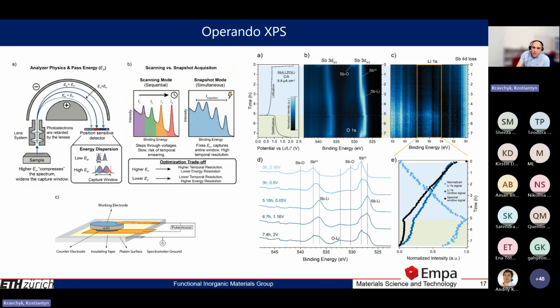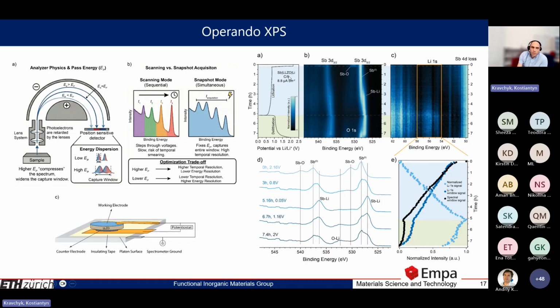You can increase your pass energy, and you can use the position sensitive detector. You can then, of course, not get a quantitative representation of your changes, but you can see the qualitative changes in general, if you have any shifts or something like this, as in this case.